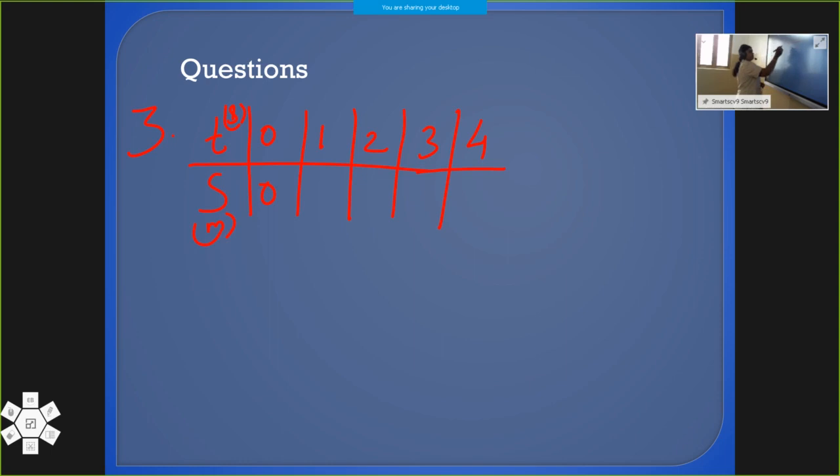Then the distance travelled is 5, 6, 8, 11. So here, 0, 1, 2, 3, equal intervals of time. The object travels from 5 to 6, 1 meter; 6 to 8, 2 meter; 8 to 11, 3 meter, likewise.